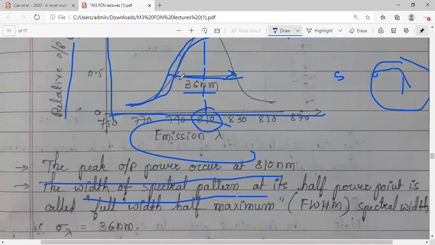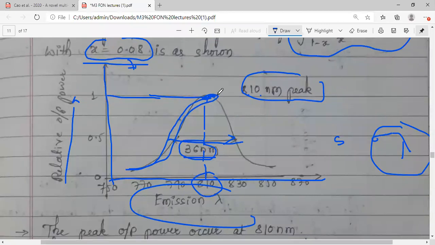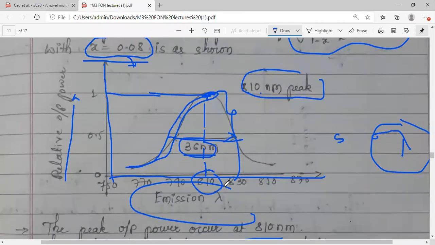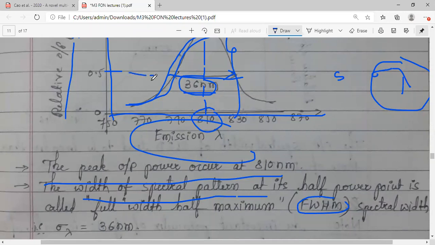We call this half power point FWHM, just like HPBW, as we have seen in the radiation patterns of antennas, half power beam width. Here it is full width, half maximum. You can see it has the full width, but at half of the maximum. Okay, around 0.5.